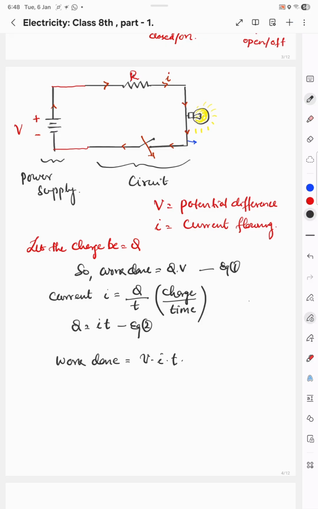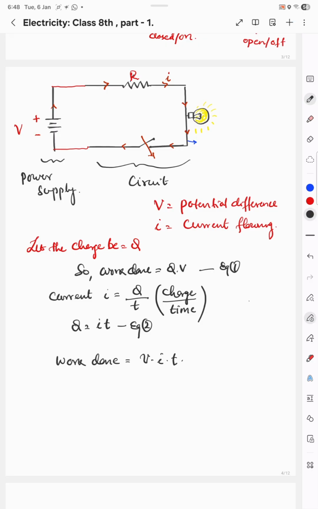Here work is being done by the power source or the battery or the potential difference. This potential difference is driving the charge Q across the circuit, which results in the generation of current, and this current is being used by the load or any appliances like fan, AC and bulb for their working or functioning.